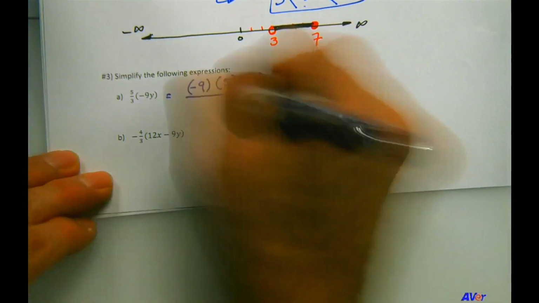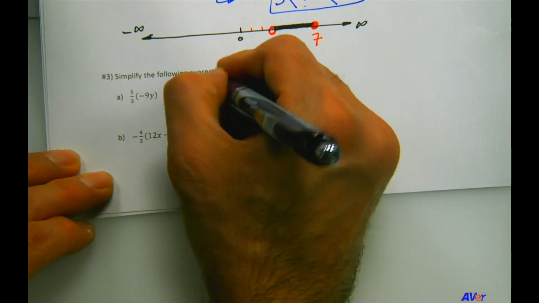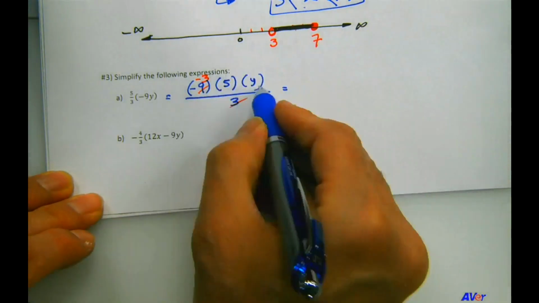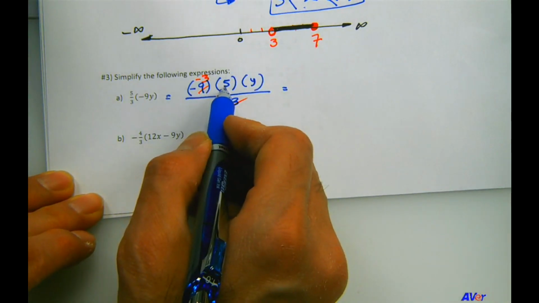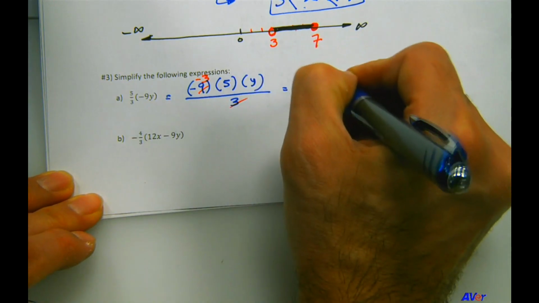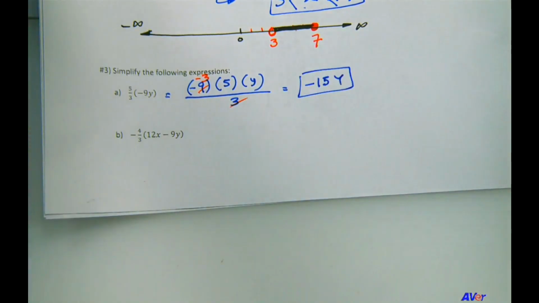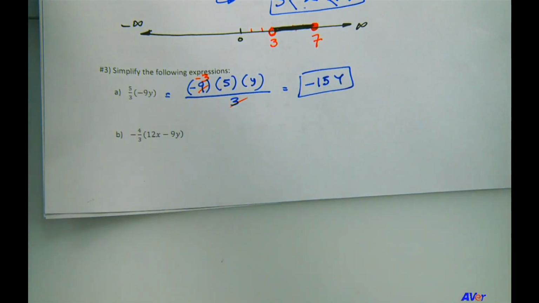So we end up with minus 3 here. So the final result is minus 3 times 5, which is minus 15 times y. Like that. Okay, so I'm just going to double check. Yeah, minus 15y.